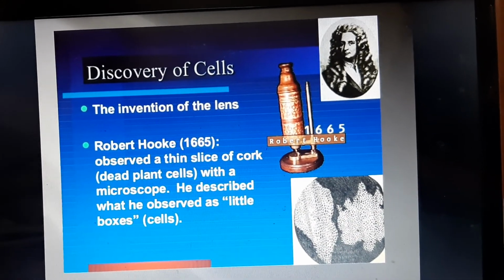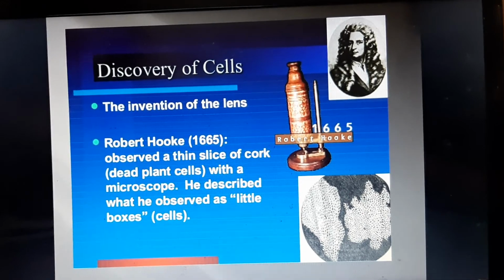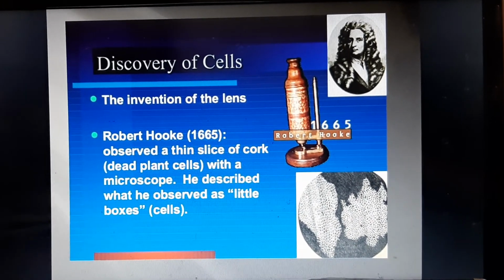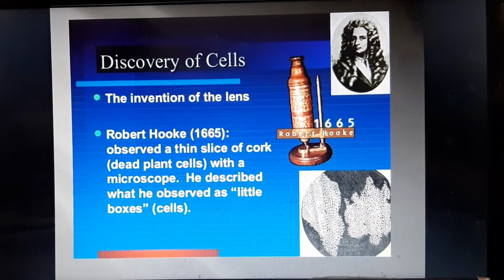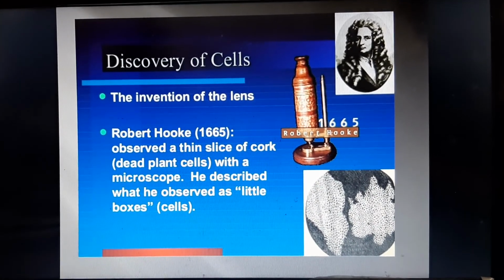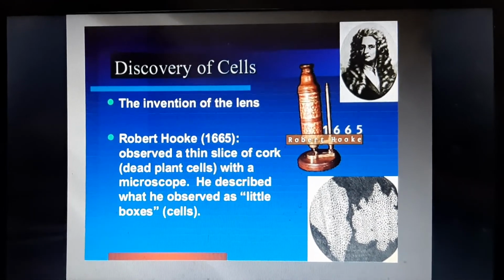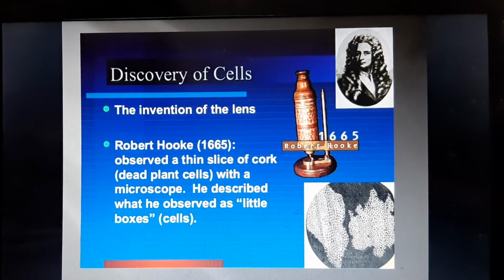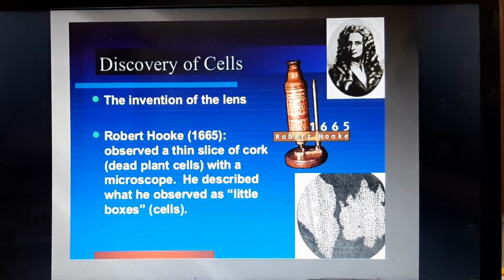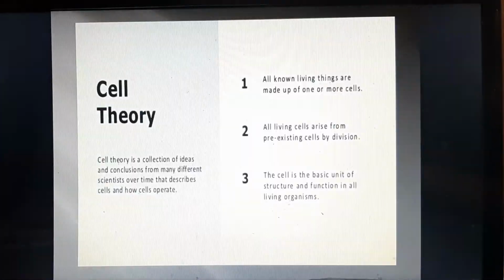Discovery of the cell by Robert Hooke. Very little was known about the cell for the next 150 years. It was only after the discovery of improved microscopes with higher magnification that information about cell structure and function became available to all of us.